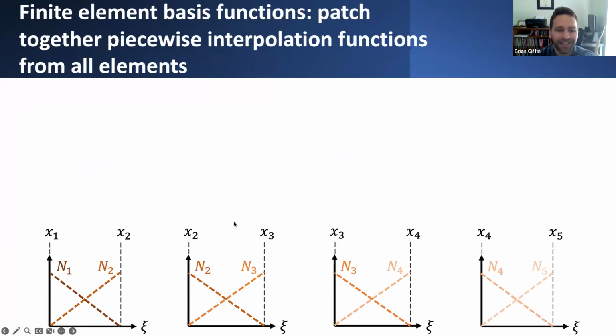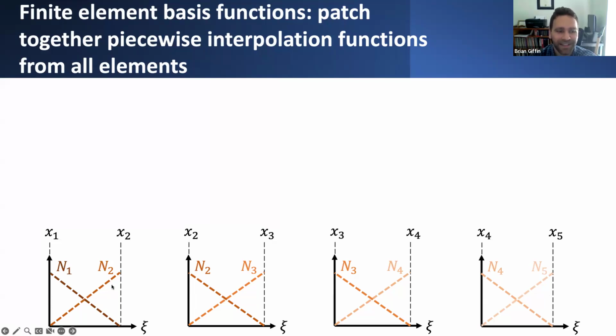And we can define these basis functions in a piecewise fashion over the entire domain by stitching together these shape functions taken from each individual element of interest. So in element 1, I have basis functions n1 and n2 represented local to that element and in terms of that element's local coordinate frame. And they look the same for each one of these different elements, but they're associated with different nodes that are scattered across the domain.